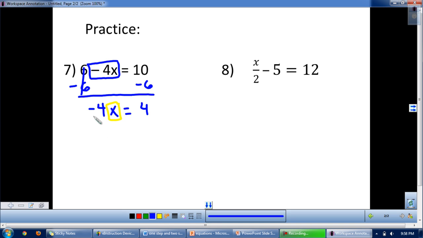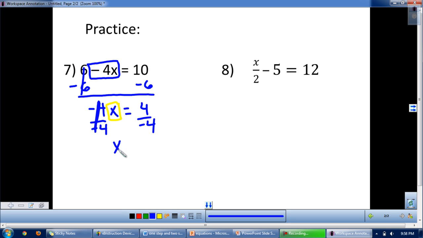And we need to find a reverse operation for this negative 4 times x. Well, the reverse operation of multiplying by negative 4 is dividing by negative 4. So we are going to divide both sides by negative 4. Negative 4 divided by negative 4, that's equal to 1. So we're just going to put a big 1 over that.